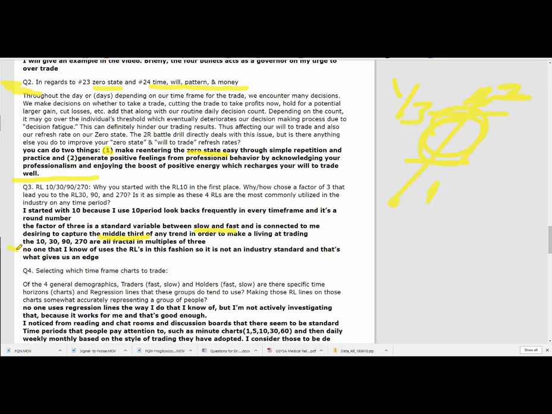On the other hand, I don't know of anybody else that uses regression lines the way we're using them, so that's not an industry standard. And by the way, that's potentially an edge. If we learn how to master that symbol and act, we have a unique way of looking at the market that is therefore robust because it's not well known and therefore not gamed. So it's the opposite of an industry standard in that sense.